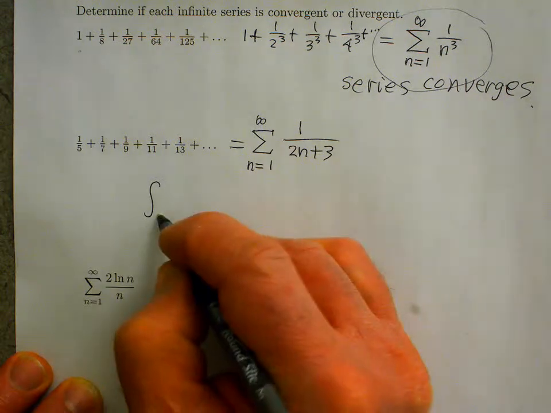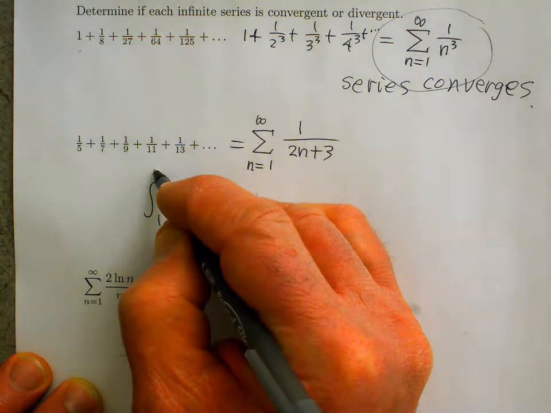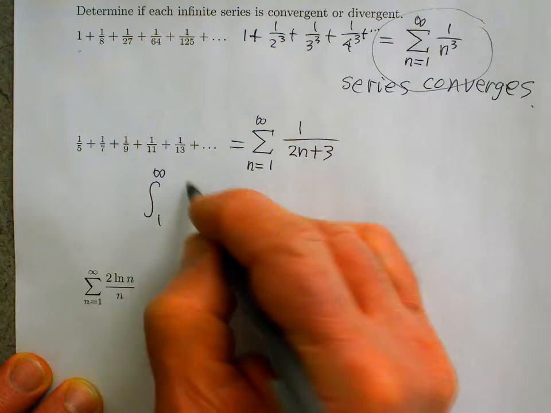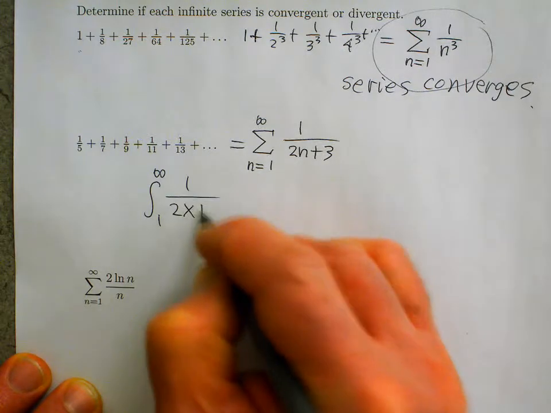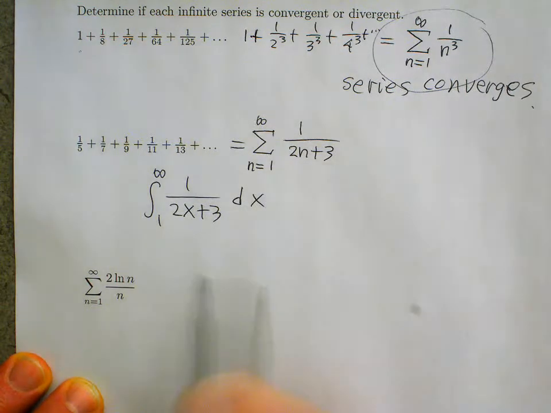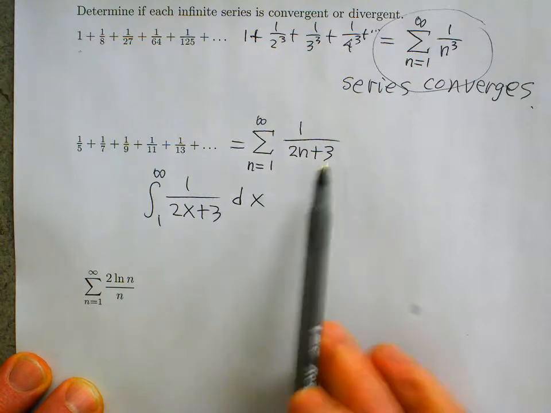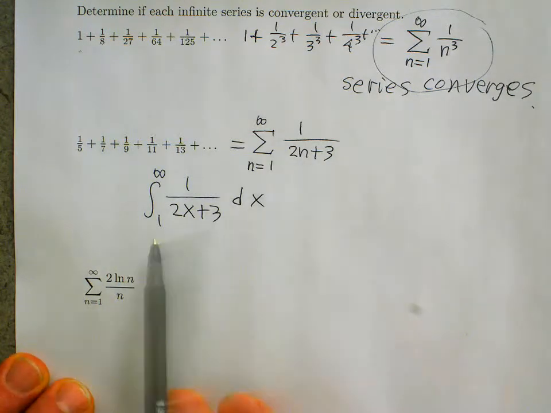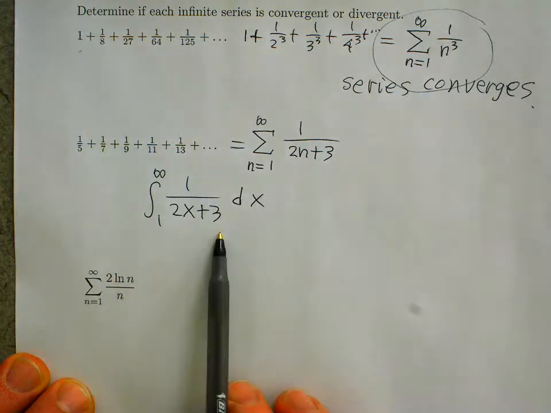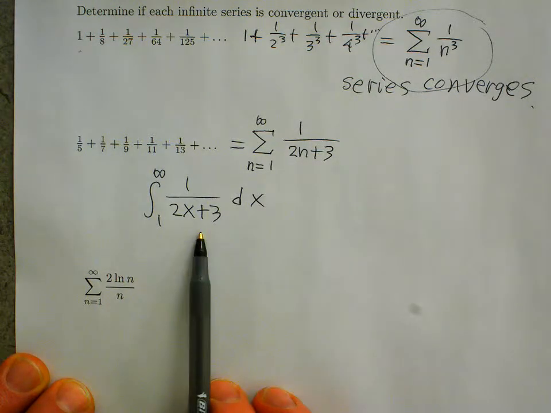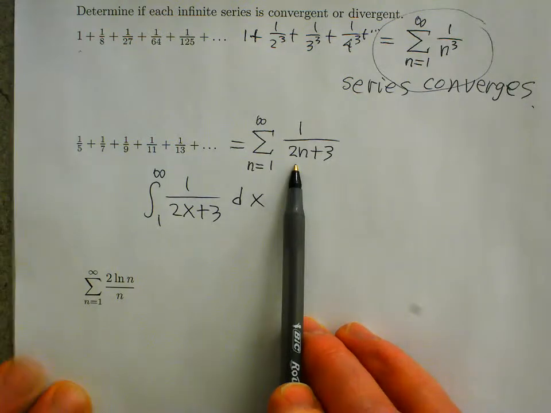So compute this improper integral. If this improper integral converges, then so does the infinite series. If the improper integral, what's the other one? What did I say first? Converges? Yeah, but if it diverges, then the infinite series diverges.